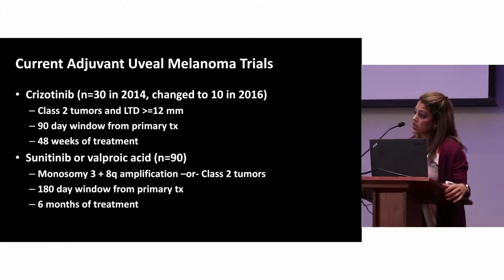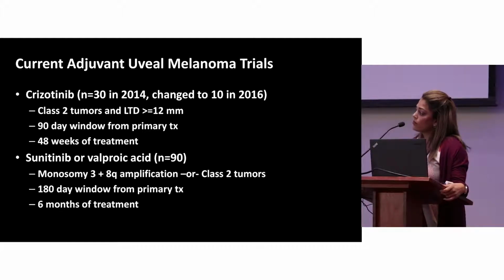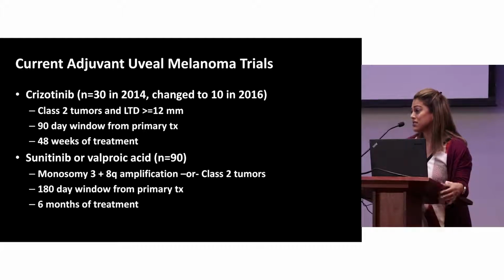And then there's another study out of Thomas Jefferson, that's the sunitinib or valproic acid. Patients will get randomized to either 6 months of sunitinib or 6 months of valproic acid. And these are for patients who have monosomy 3 with 8q amplification, or for the class 2 tumors. And you have to start this within 6 months of your primary treatment, so a little more liberal.